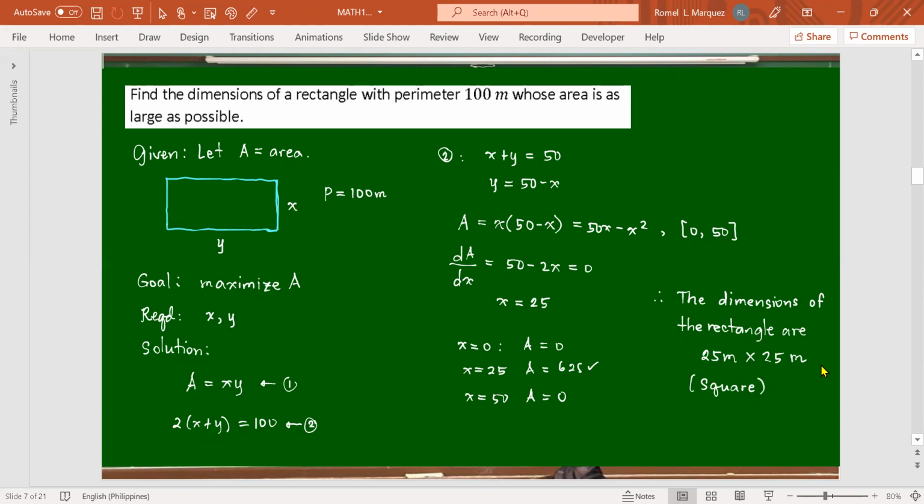The shape, in order for you to have a maximum area with a given perimeter. So if you're given, let's say, a fence, and you have only this much to cover the land, whatever you are able to cover, it's yours, but using only this perimeter of 100 meters. For you to come up with the maximum area, you use a square, with dimensions 25 by 25, because with other dimensions, you will not be able to maximize the area.